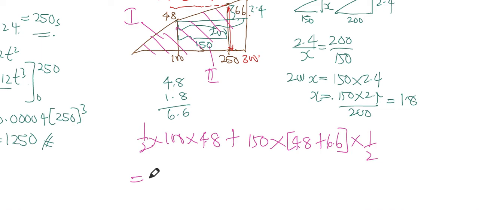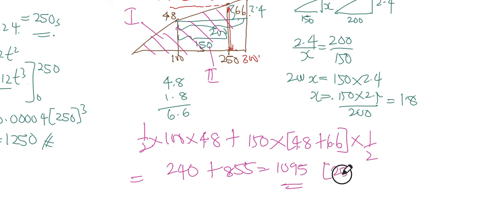So it is 240 and 855. And add both of them, it's 1095. So the distance A covered in 250 seconds is 1095.